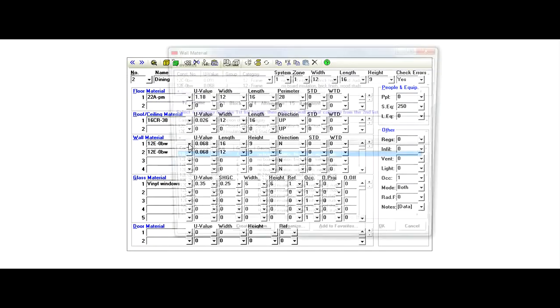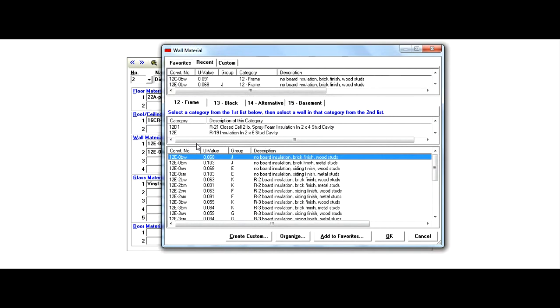Now the wall. With the 2012 code, we must have a 2x6 stud with R19 of insulation. If we're building a house using 2x4, which we still can with the 2012 code, we must have R5 of board insulation on top of the R13 of insulation between the studs.